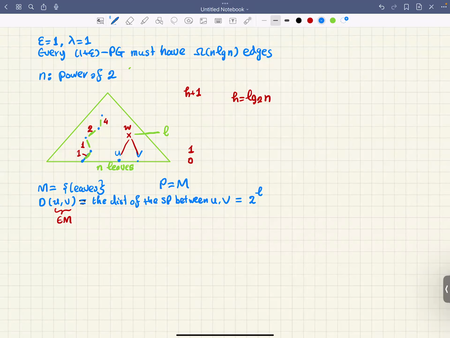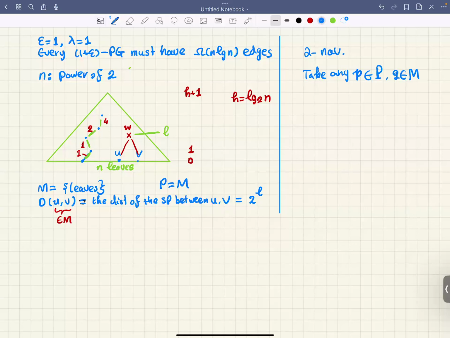I don't know if you still remember that, which is okay. Let's review this 2 navigability together. It basically says you take any P in the data set, and any Q from the metric space.